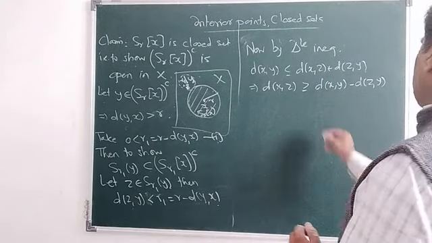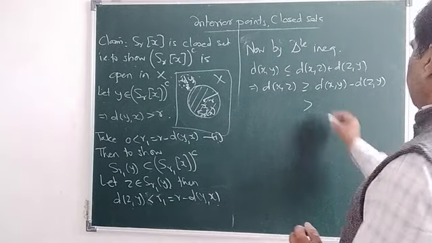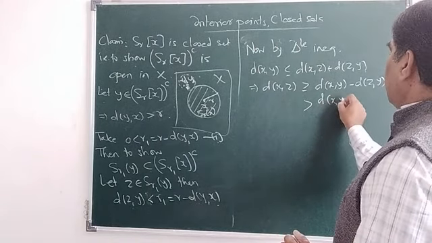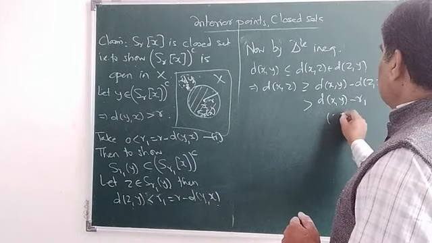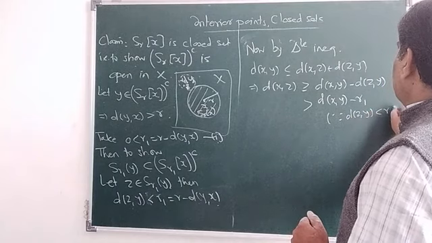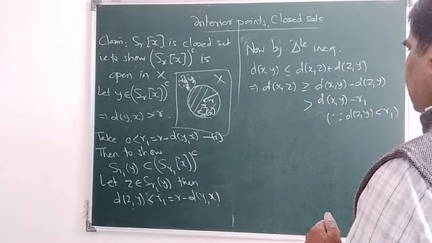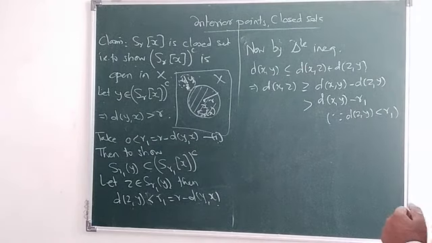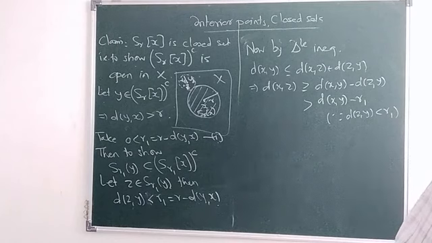So this is strictly greater than d(x, y) minus r1. Why? Since d(z, y) is less than r1, multiplying both sides by a minus sign, we get this. So d(x, z) is greater than d(x, y) minus r1.